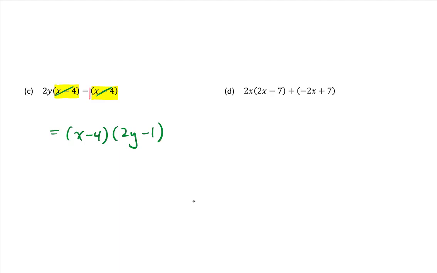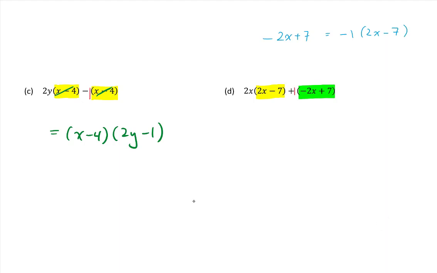And finally, the last one, which has a small trick. We see the 2x minus 7, but over here, this is not 2x minus 7, so we cannot common factor the way it is. However, we can make a small adjustment. If you think about negative 2x plus 7, that's the same thing as saying negative 1 times 2x minus 7.